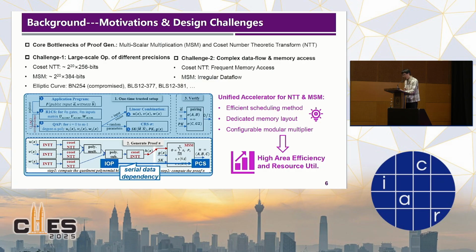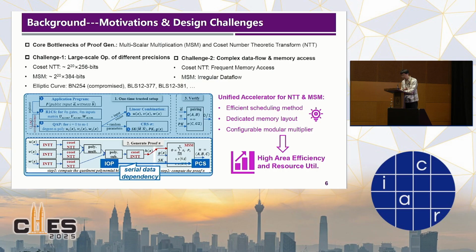The second challenge is the complex data flow and memory access. The NTT will frequently read and write the off-chip memory, which will cause high access latency. The data flow of MSM is irregular, dynamic, and unpredictable, which requires an efficient scheduling method.